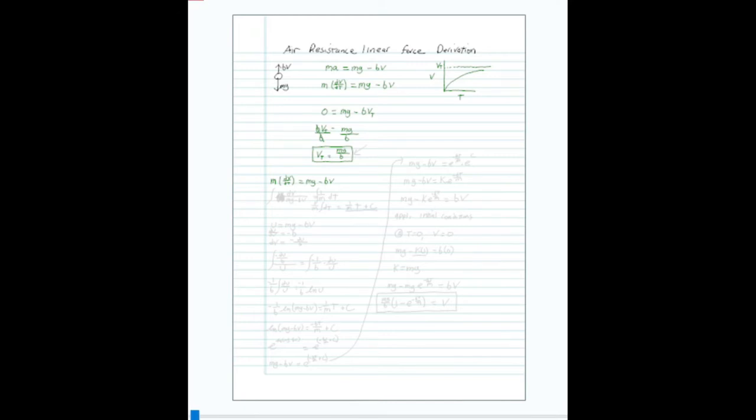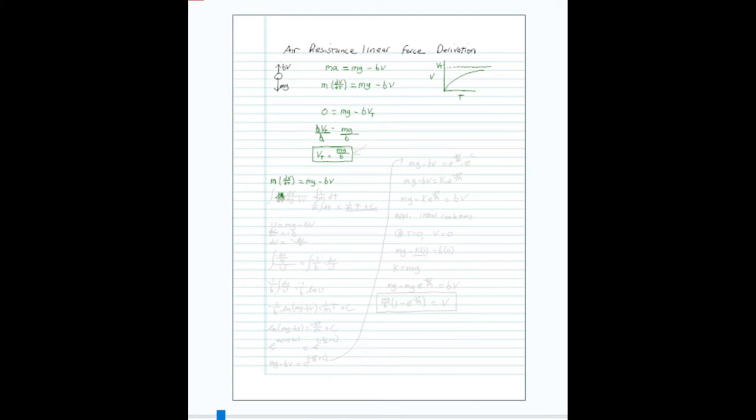I'm going to back up here. What I'm going to do is multiply both sides by dt to get dt on the right hand side. I'm also going to multiply both sides by 1 over m and divide both sides by mg minus bv. A lot of stuff going on here, but just some algebra.